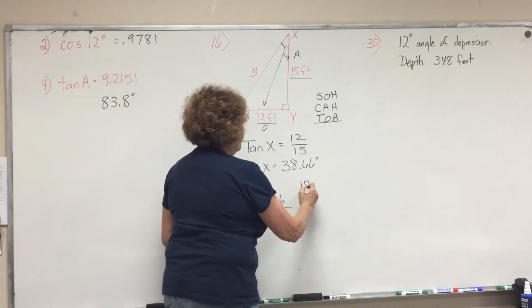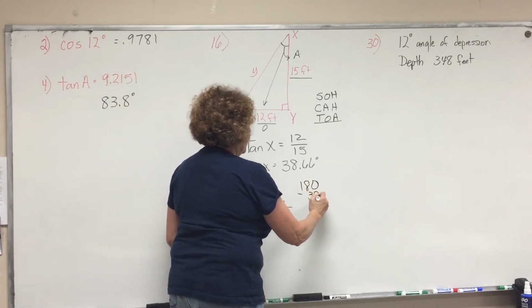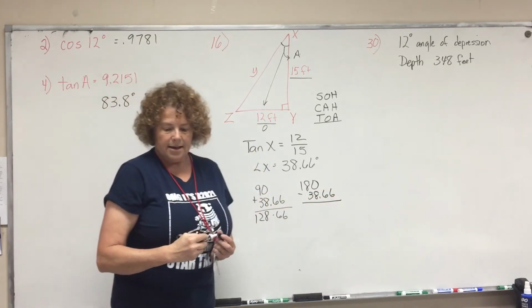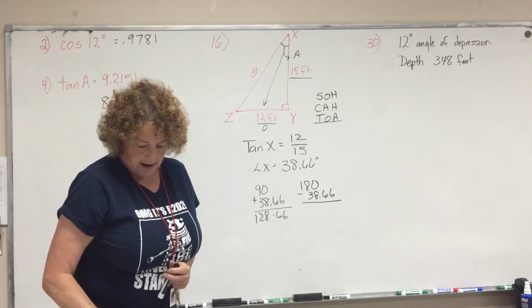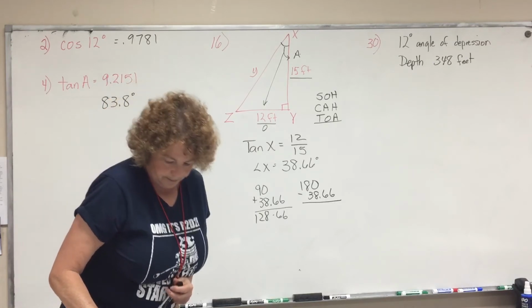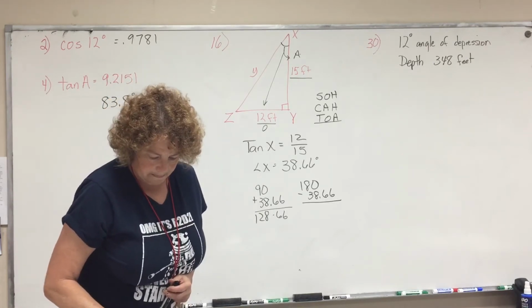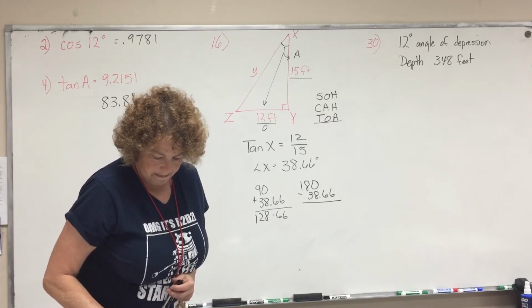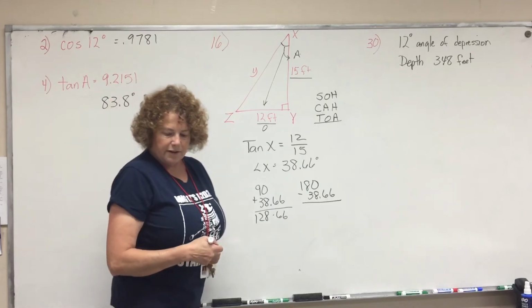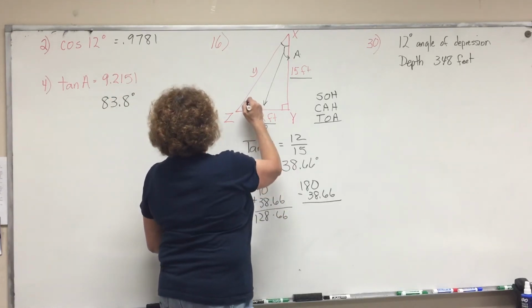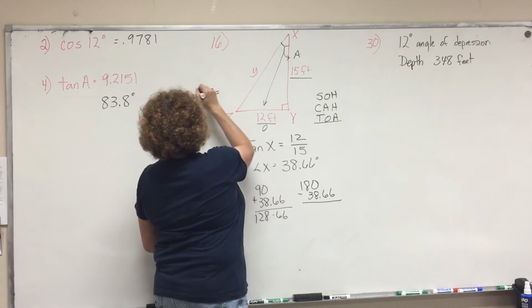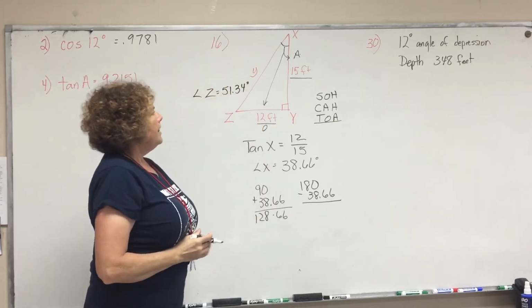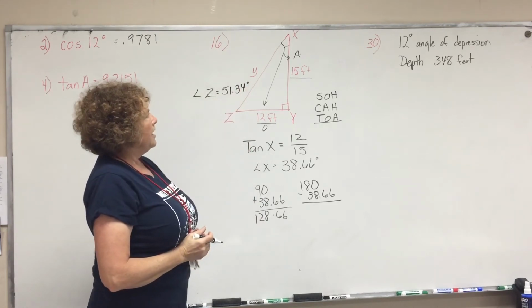And then we can say 180 minus 128.66, and that will give us angle Z. So let's go ahead and do that. And that gives us 51.34. So angle Z equals 51.34 degrees. And then you can simply use the Pythagorean theorem to find y.